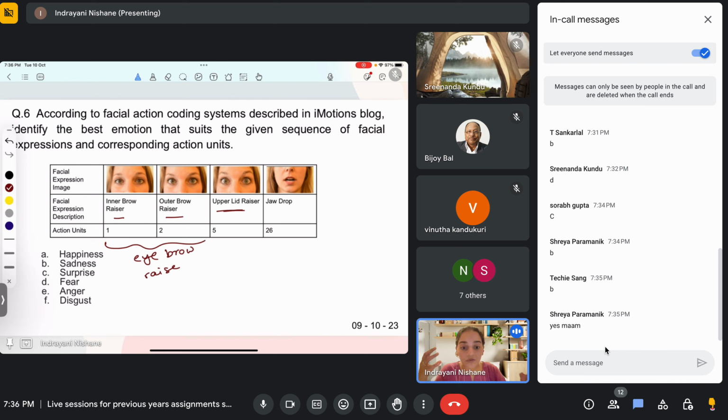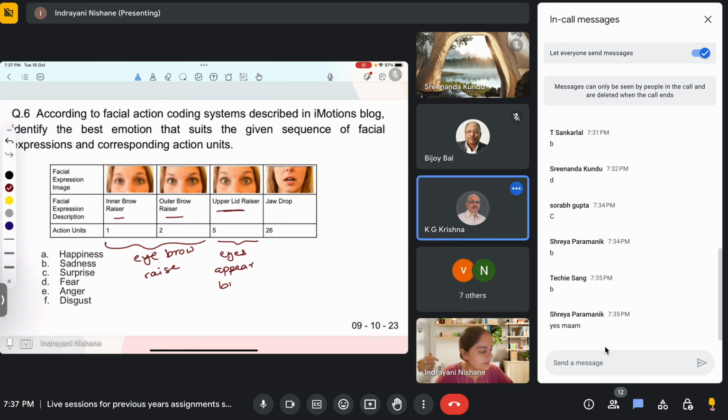But now the eyebrow raise is to such an extent that it even made the eyes look bigger. Not just that, it went one step beyond and made the eyes look bigger. Upper eyelid raiser, the upper eyelids raised. So we can say that the eyes appear bigger, and jaw drop happened.